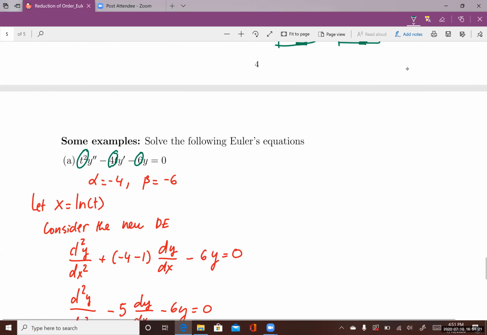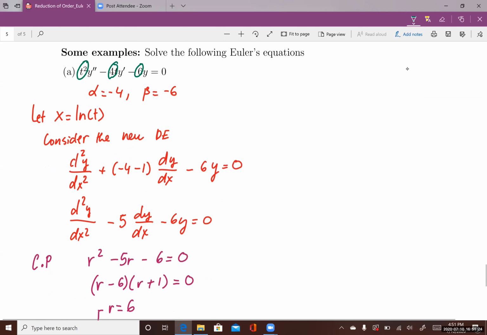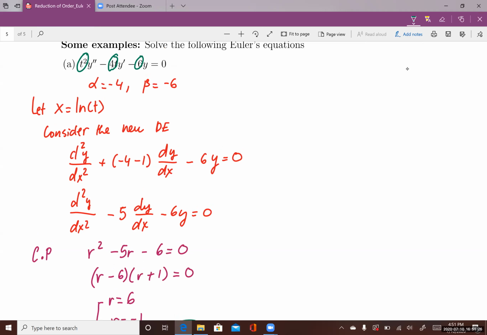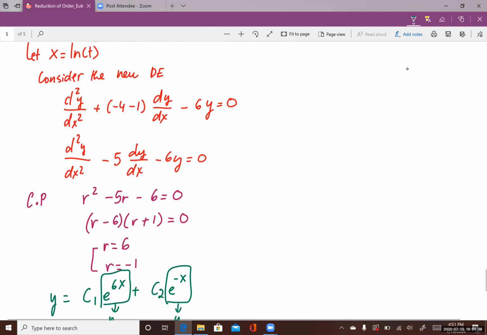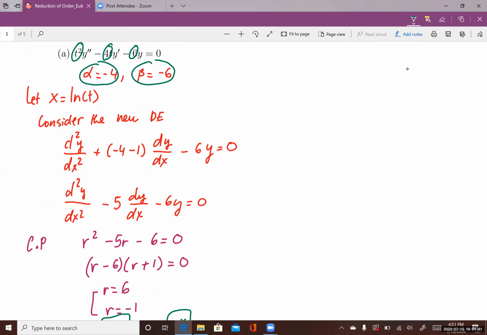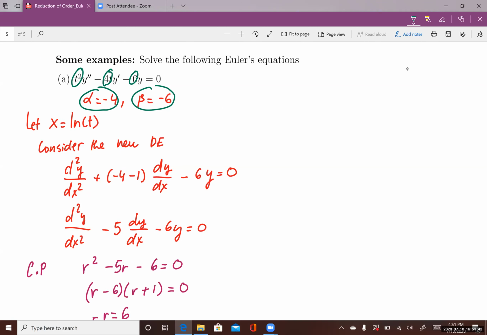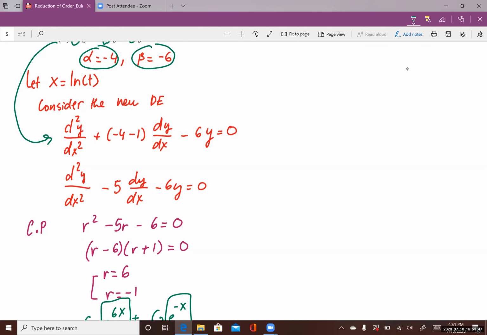Here you have an example of how to solve an Euler's equation. Keep in mind that there are several mistakes that we could make along the way. First, you have to identify alpha and beta. Remember, alpha is -4 here and beta is -6 here. Second, you transform this differential equation into a new differential equation in terms of y and x.